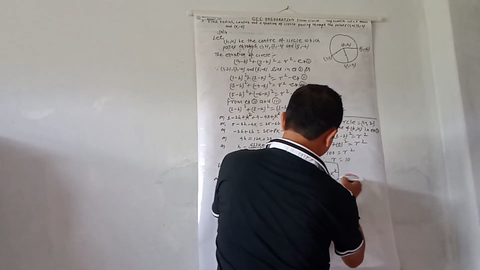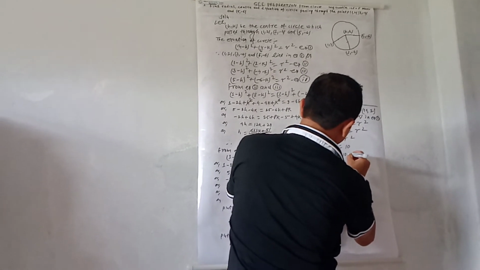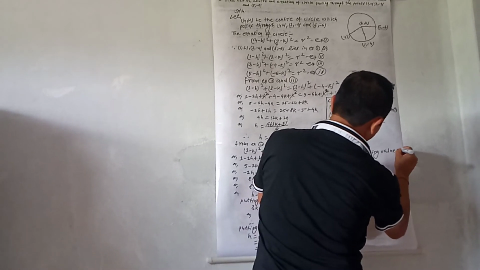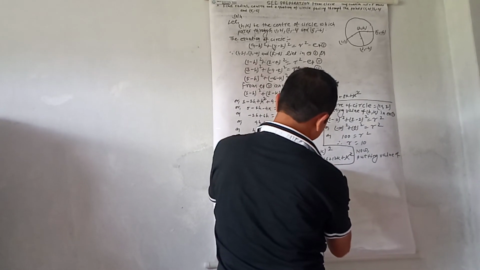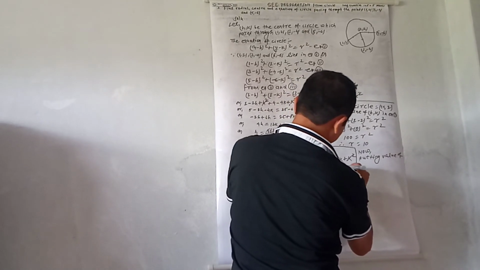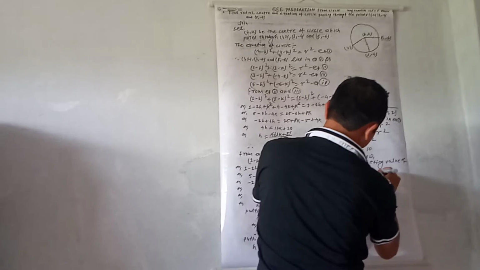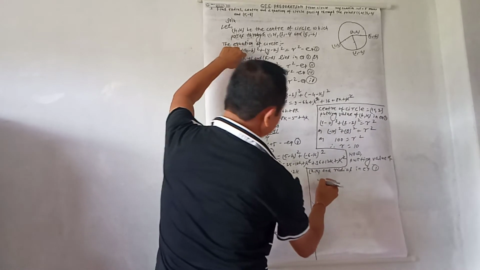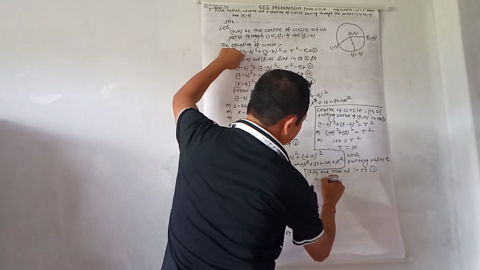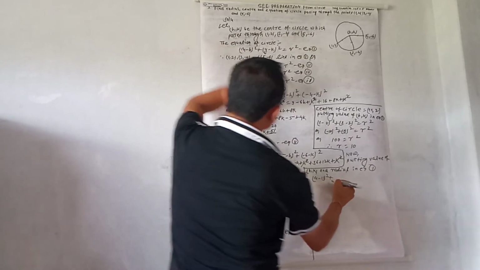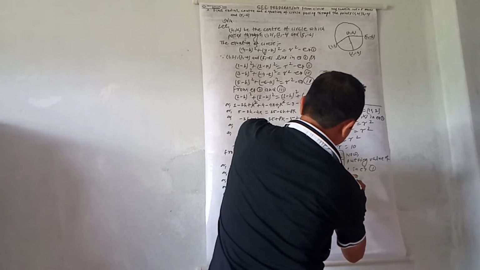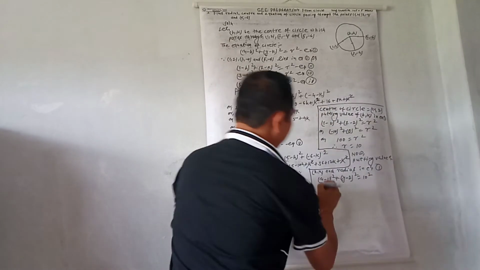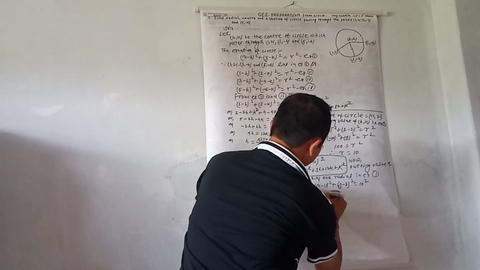So, now, putting value of h, k and radius in equation first, then x minus h, it means x minus 11 whole square plus y minus k, k value is 2, whole square is equal to r square, r means 10 square.